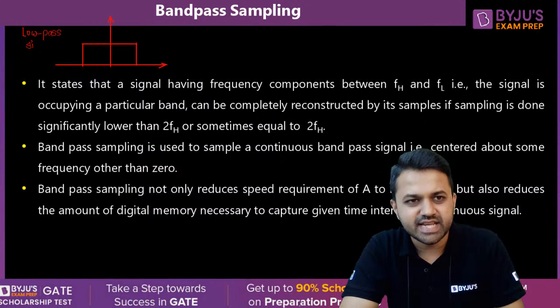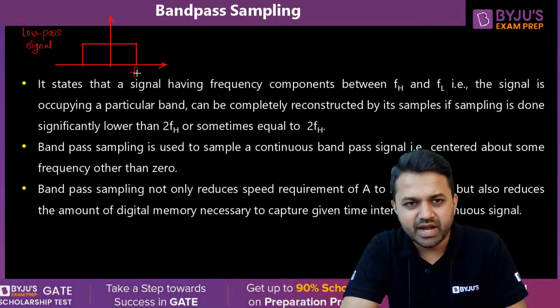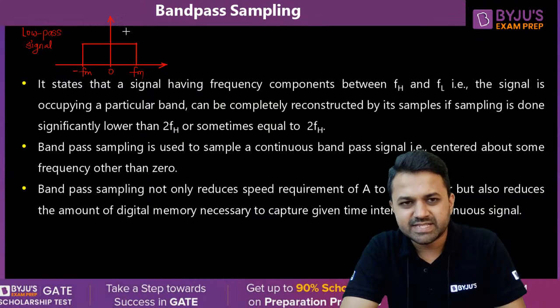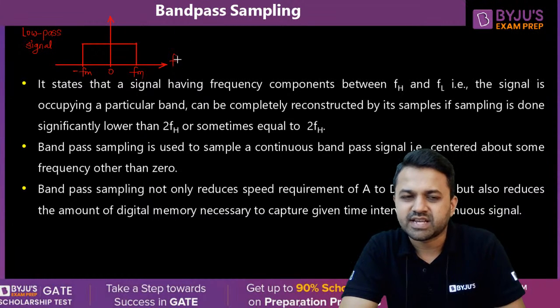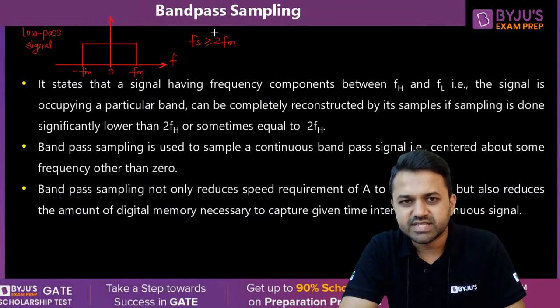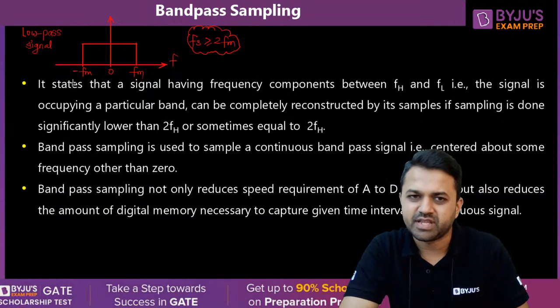The signal which is centered about the origin is called a low pass signal. It is band limited to fm, and it extends up to minus fm. So this is the spectrum of a low pass signal. To recover the signal from its samples, the sampling frequency must be greater than or equal to twice fm. This is our Nyquist criteria or sampling theorem.